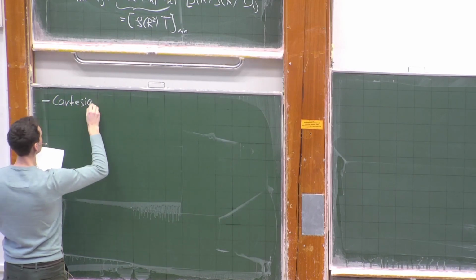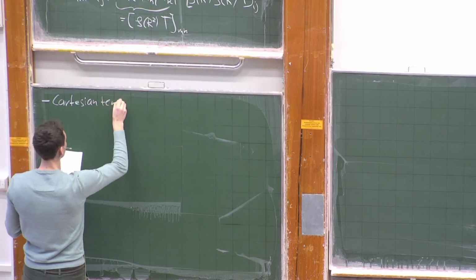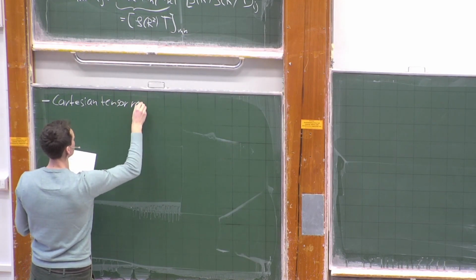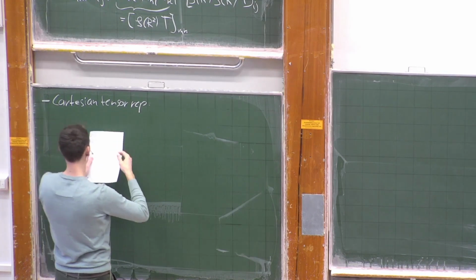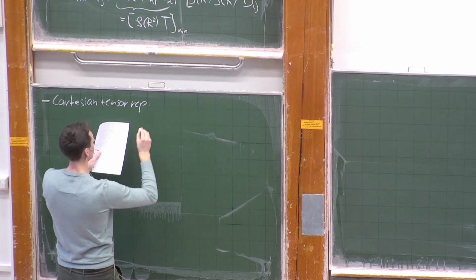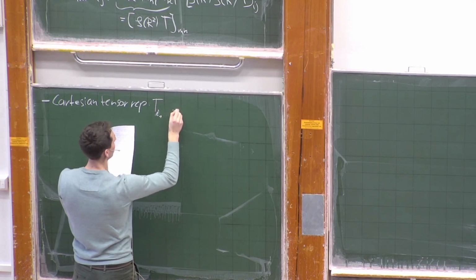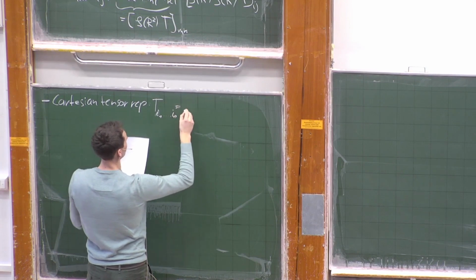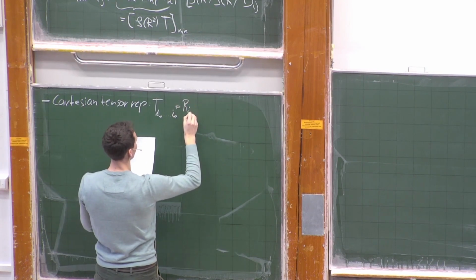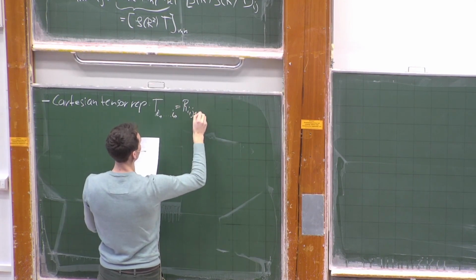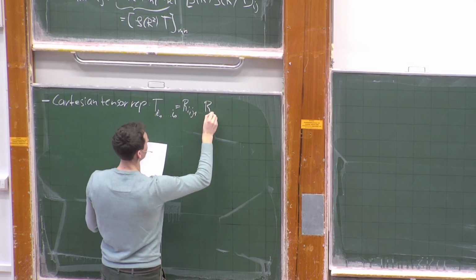Cartesian tensor representation would be that we take an object with just an arbitrary number of indices, where each index then transforms with a rotation matrix.